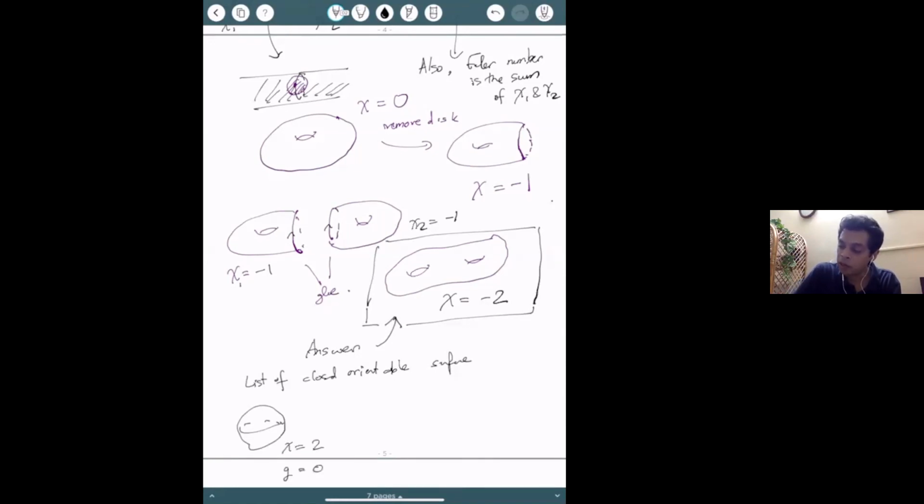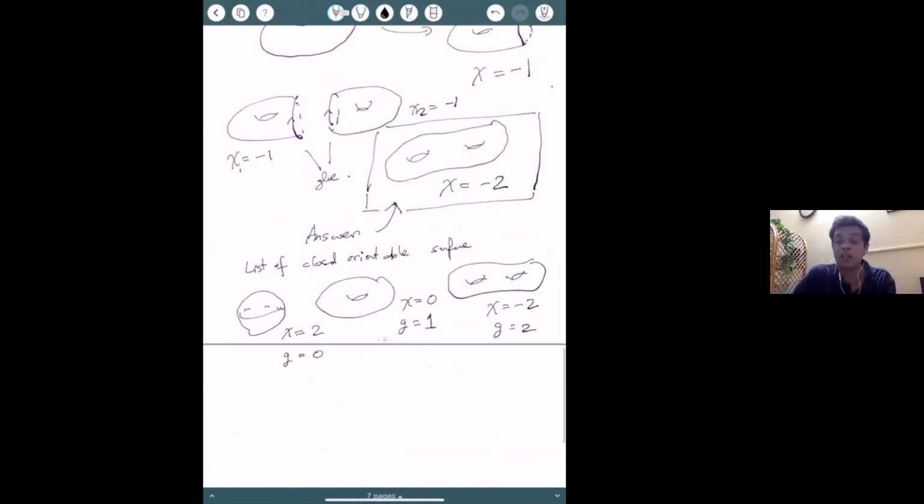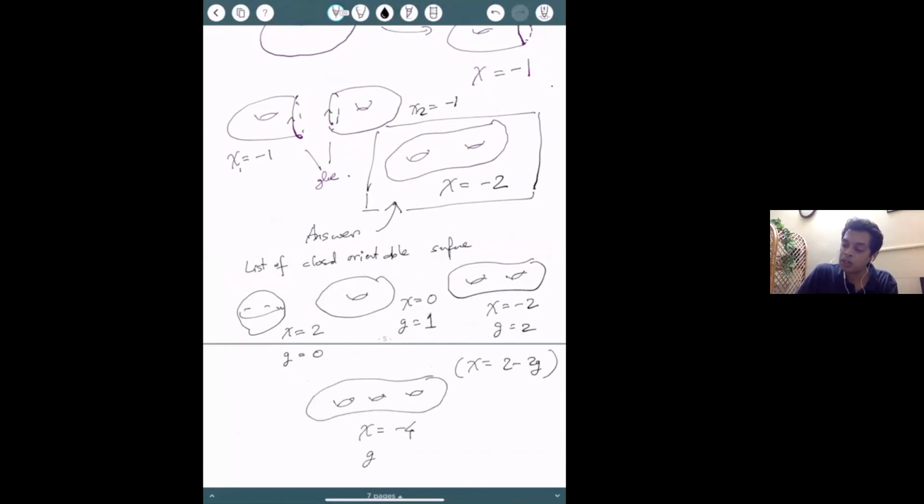Then you have a torus, which has Euler characteristic 0 and genus 1. It's 1 hole. Then you have a genus 2 surface, which has Euler characteristic -2, genus 2. So the Euler characteristic is always 2 minus 2g. That's the formula: chi is 2 minus 2g. It decreases by 2 each time. Each time you add a hole, there's Euler characteristic -4, genus 3, and so on.